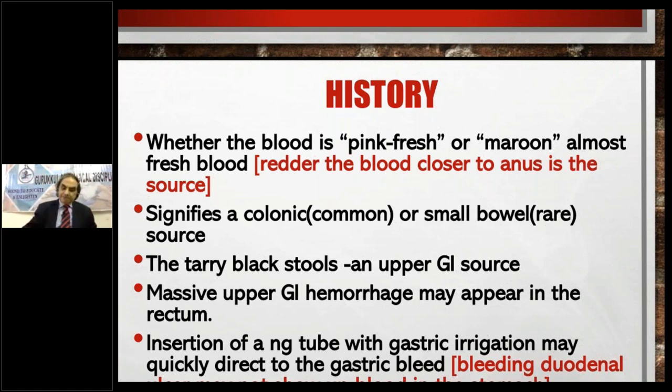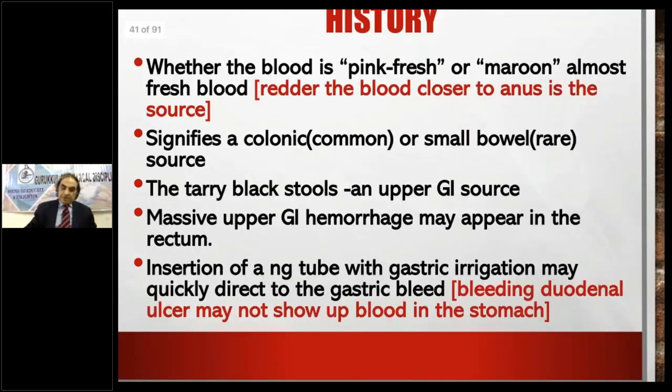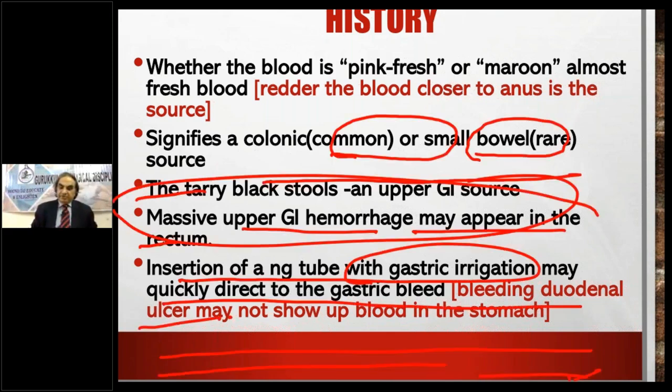You put in a nasogastric tube, blood is coming. You investigated, it's a lower GI bleed, and if it is massive, it might go up. So you should be prepared for that.